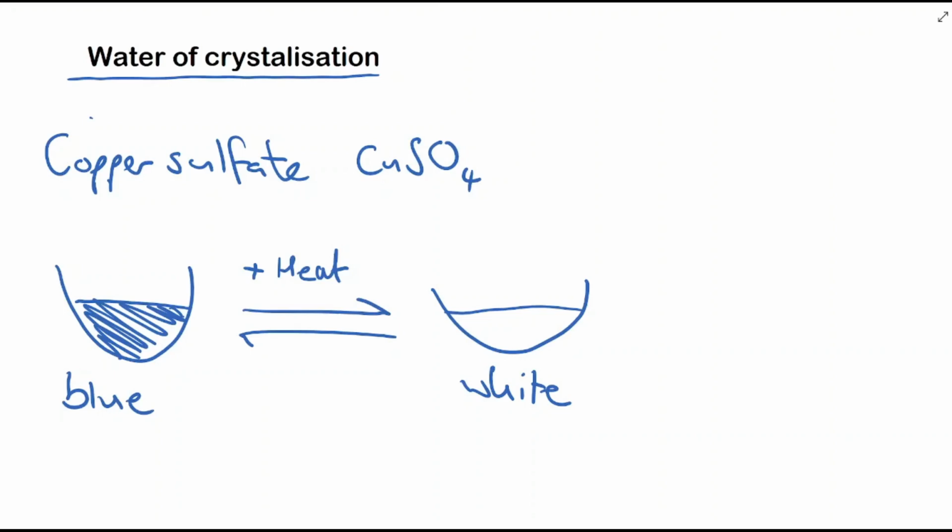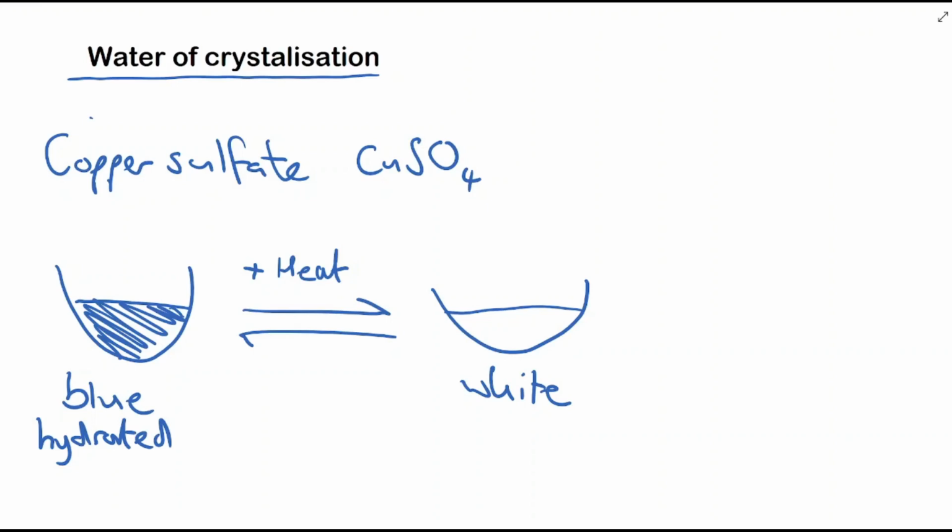We call this version the hydrated salt. And what we mean by that is there are water molecules trapped inside this version of copper sulfate. For now, just think of it like there are gaps in the crystal lattice, and in those gaps, water molecules can fit. And different elements have different size gaps when they form ionic compounds, so different amounts of water molecules can fit in the hydrated salt.